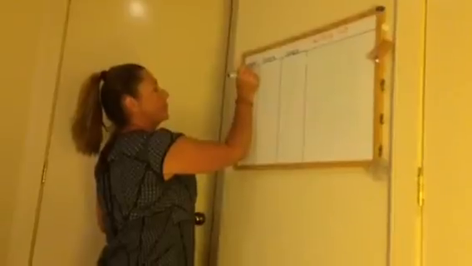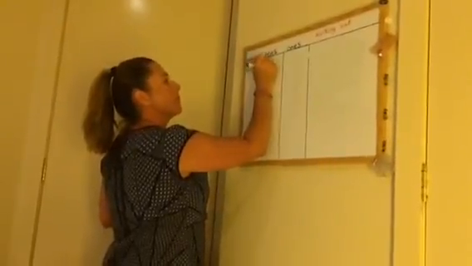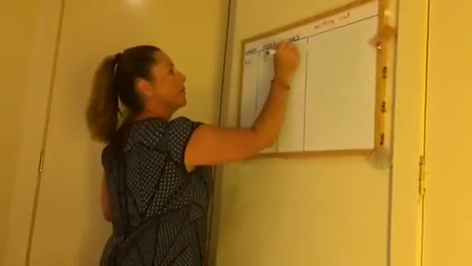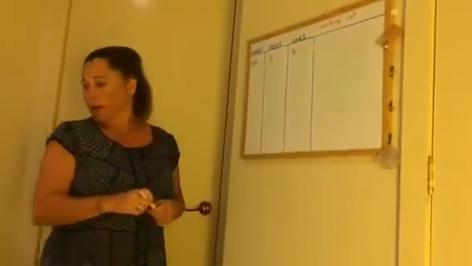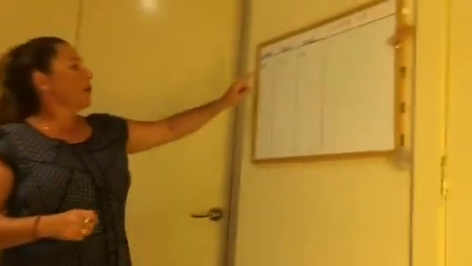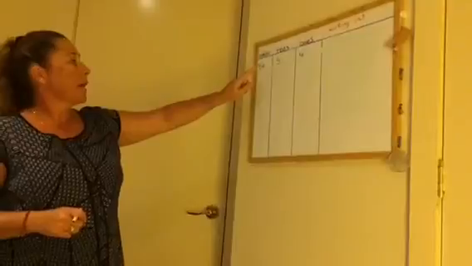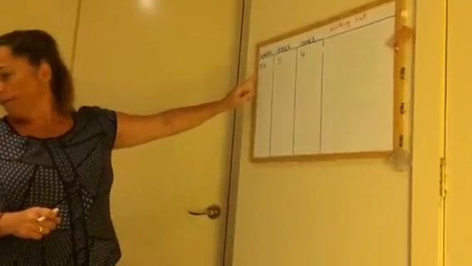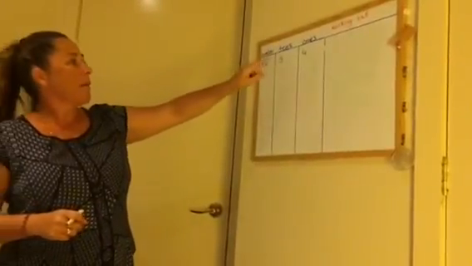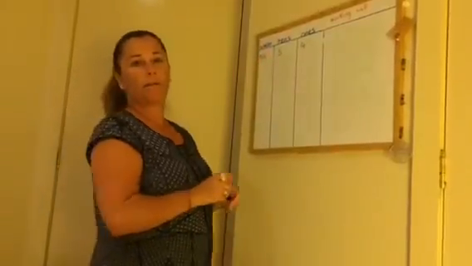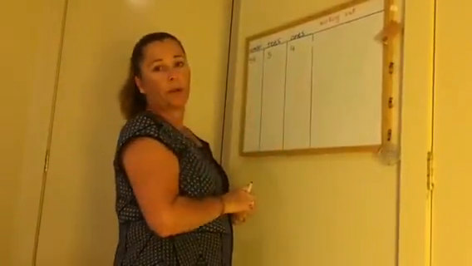We're going to try 54. 50 in the tens column, 4 in the ones. So 54 we know is an even number. It's greater than 50. Can 4 and 5 equally go into each other?